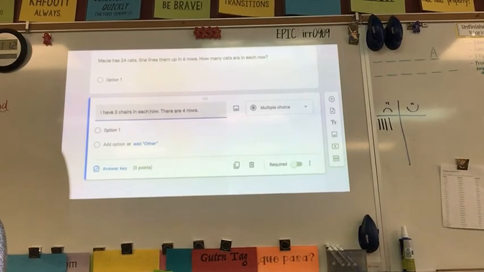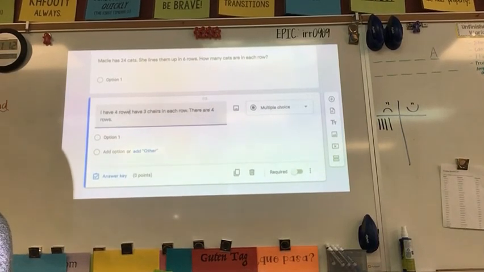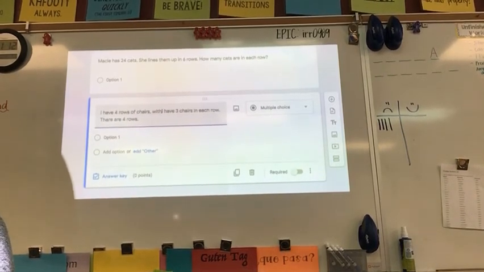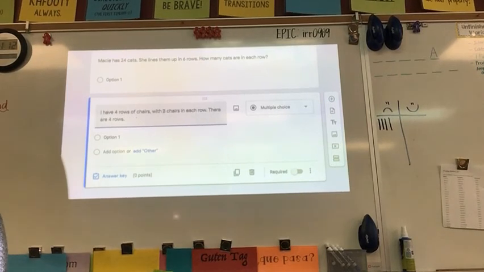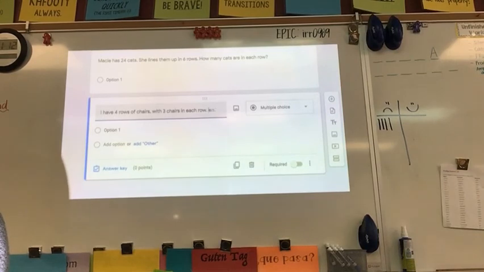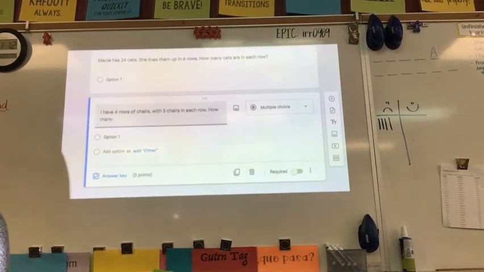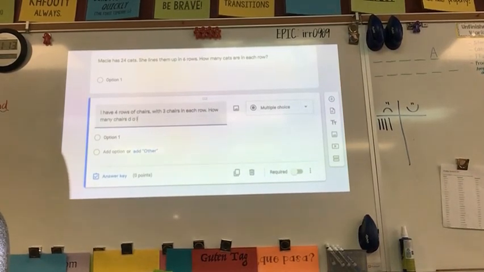There are 4 rows. Let's flip-flop it. I have 4 rows of chairs with 3 chairs in each row. What's your question going to be, River? How many chairs do I have in all?